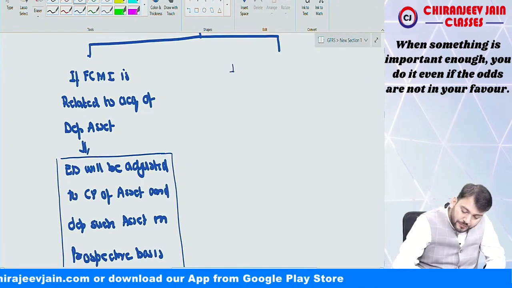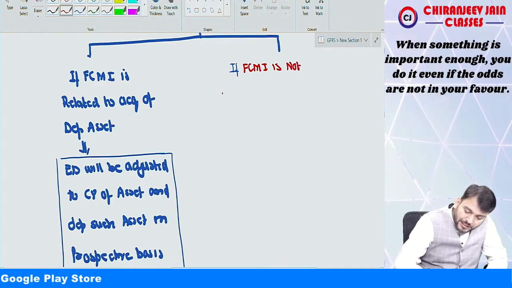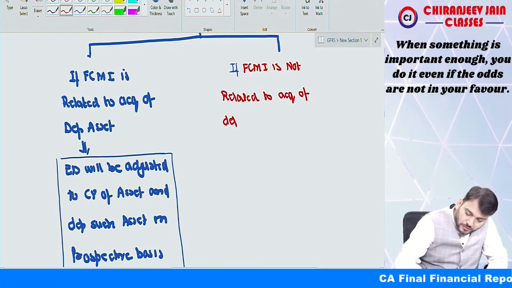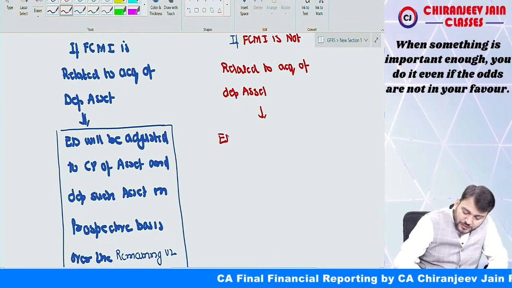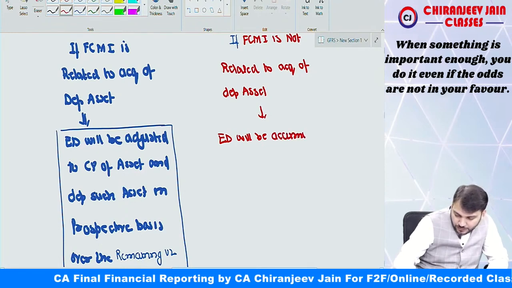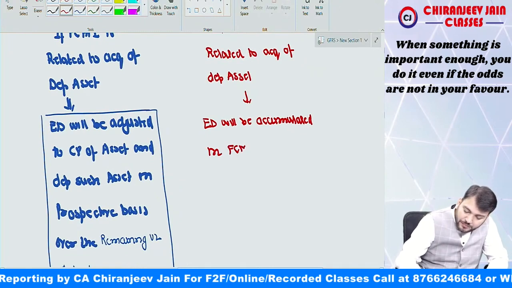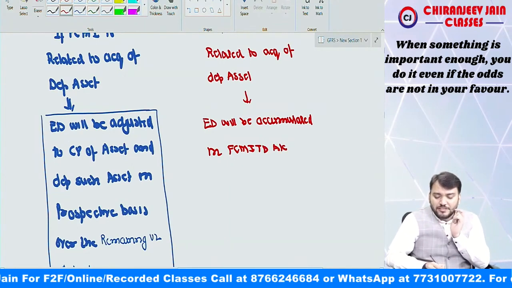Then if the foreign currency monetary item is not related to the acquisition of a depreciable asset, then the exchange difference will be accumulated in the FCMITD account. FCMITD account means foreign currency monetary item translation difference account.